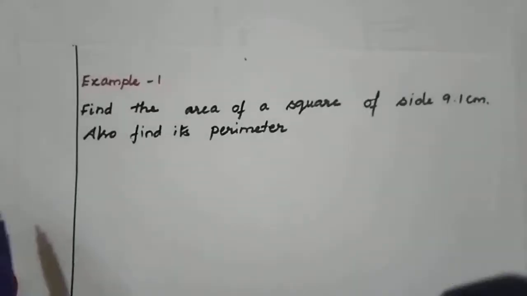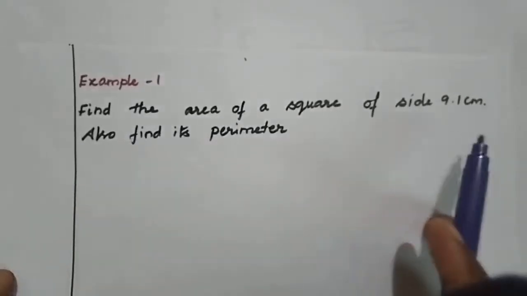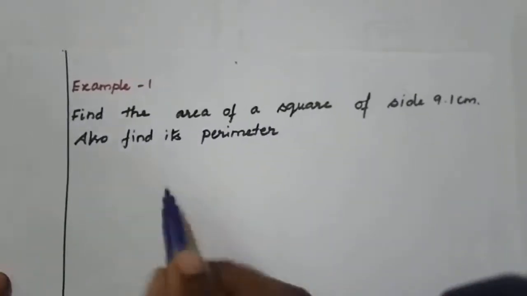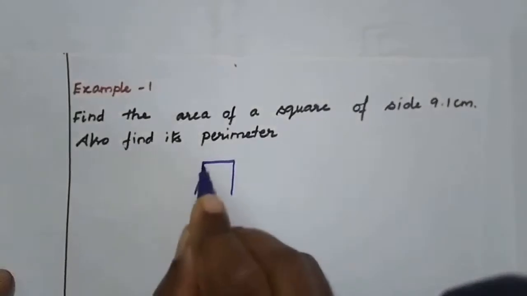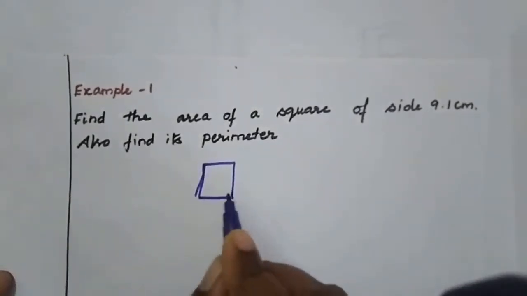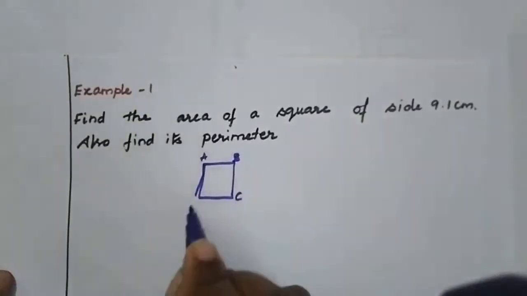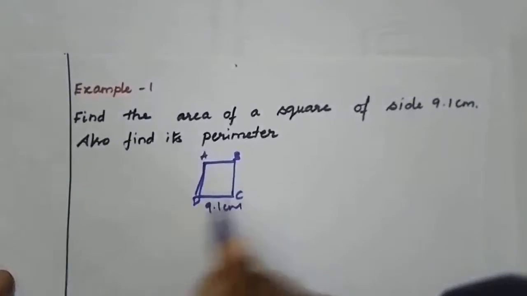Let us solve the examples. Example 1. Find the area of a square of side 9.1 centimeter. Also find its perimeter. So here they ask you to find the area of the square and the perimeter of the square, and they have given the side as 9.1 centimeter.